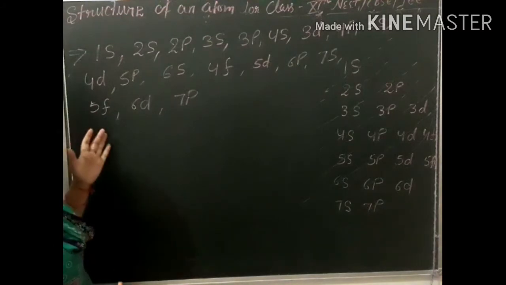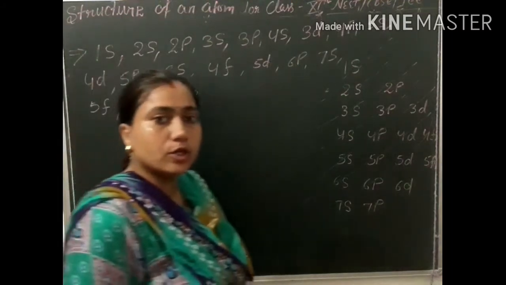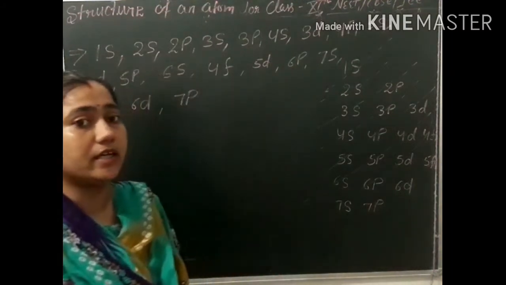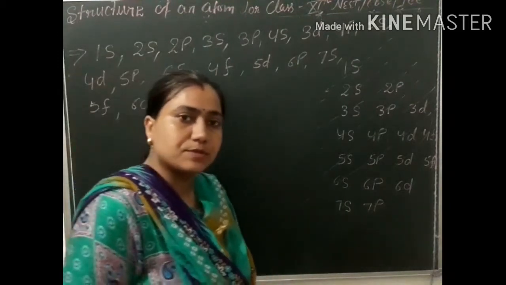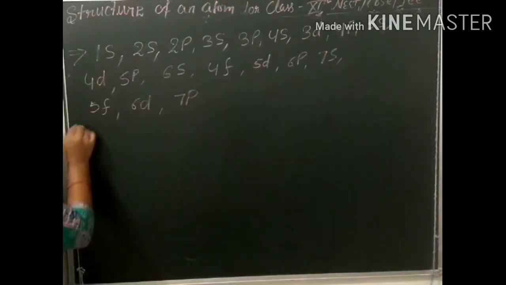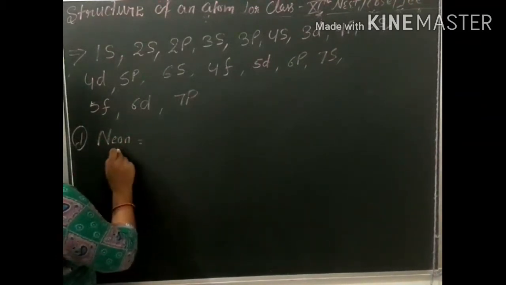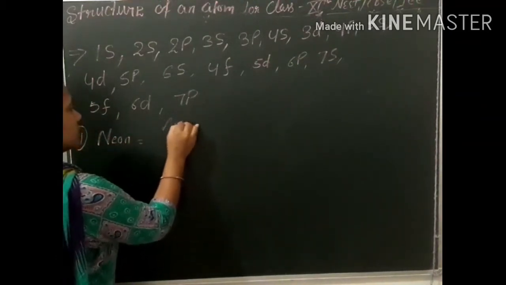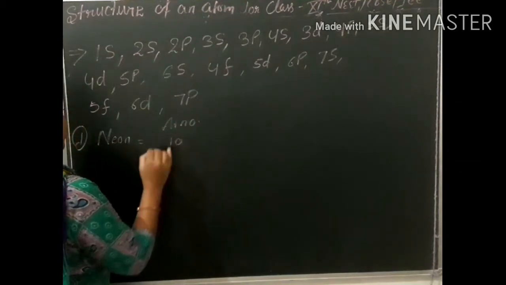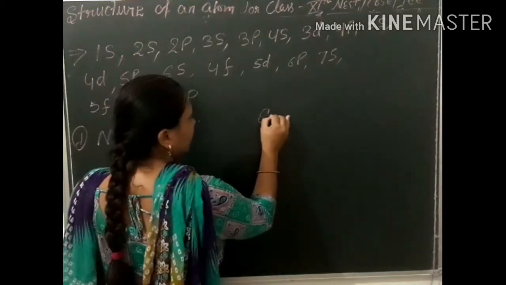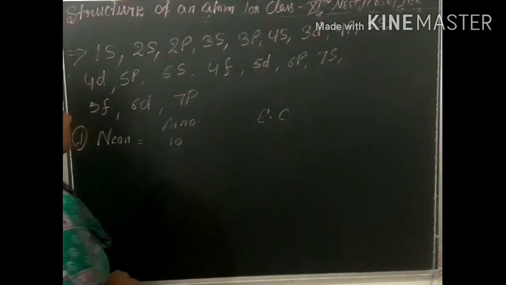By the help of this series we can write electronic configuration of any element except exceptional cases. So for example, for neon, the atomic number of neon is 10. So from here the electronic configuration of neon we can write.